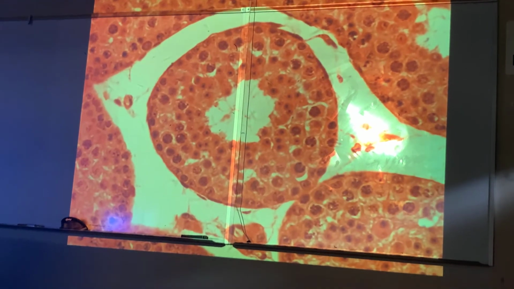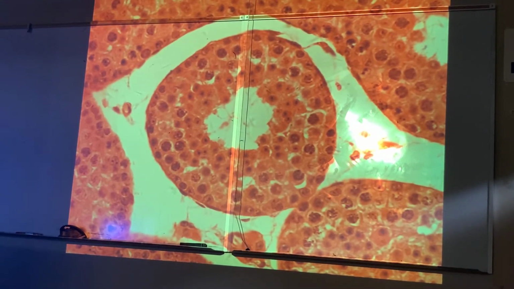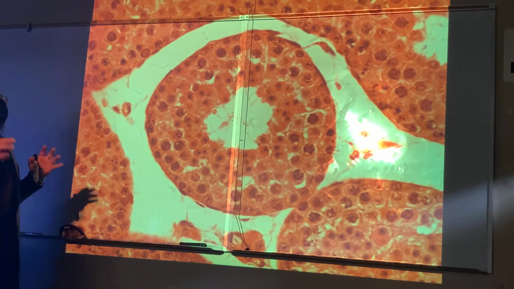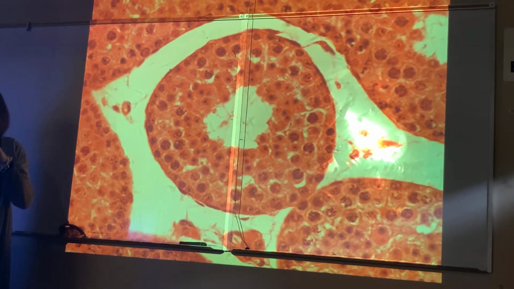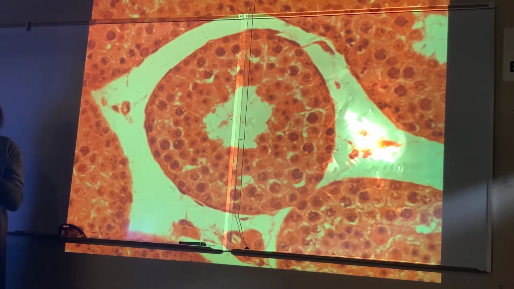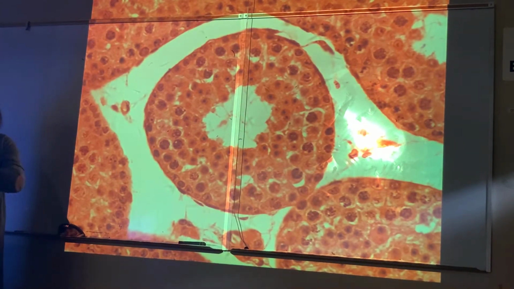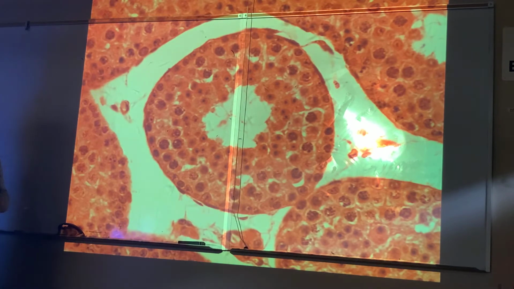Okay, so when cells are undergoing mitosis or meiosis, they lose the nuclear envelope, okay? And that's so that the chromosomes that are inside can condense and then get moved around within the cell.